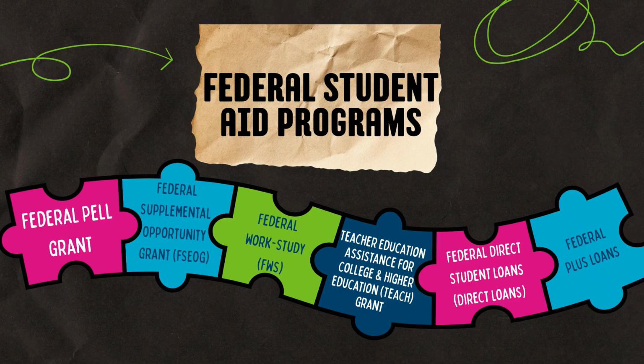Frequently, there are changes related to loans, so if you do get a loan, make sure you know the regulations and keep up to date. Now, next, let's go into a deeper dive on each of the federal programs.